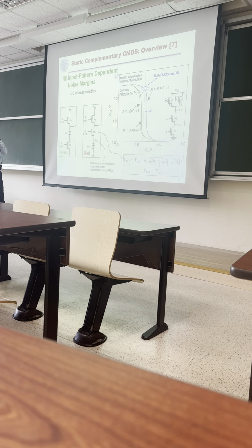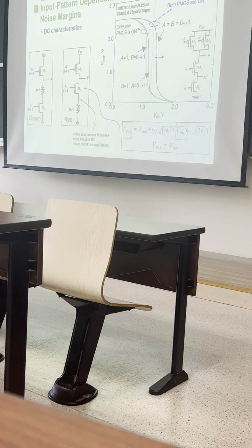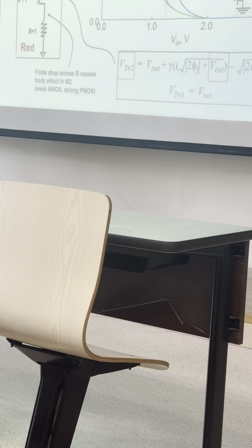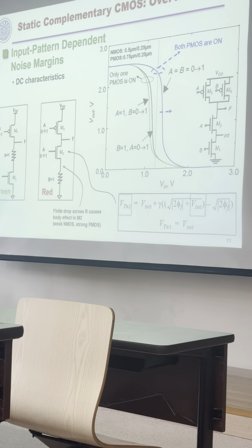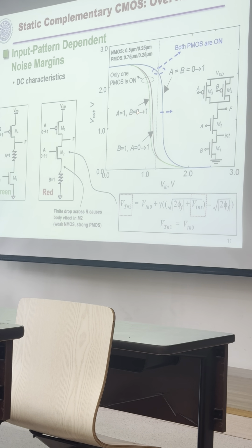If A is on first, and then B goes from 0 to 1, this one will already be turned on. If you turn on the M1, it is stronger and stronger, so this transfer curve will shift to the left.